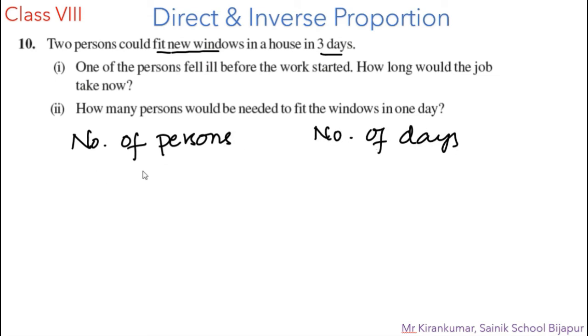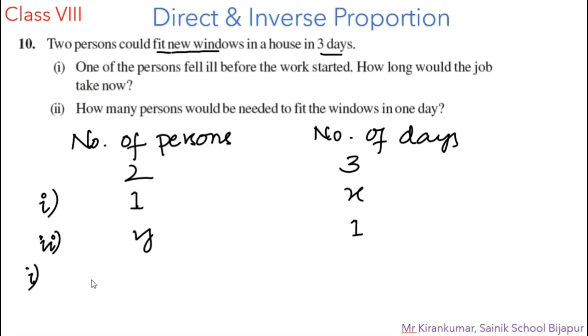If the number of persons is 2, it would take 3 days. In the first question, if only one person is there because another person fell sick, let me consider the number of days to be x. If it is to be completed in only 1 day, how many persons are required? Let me take this as y.